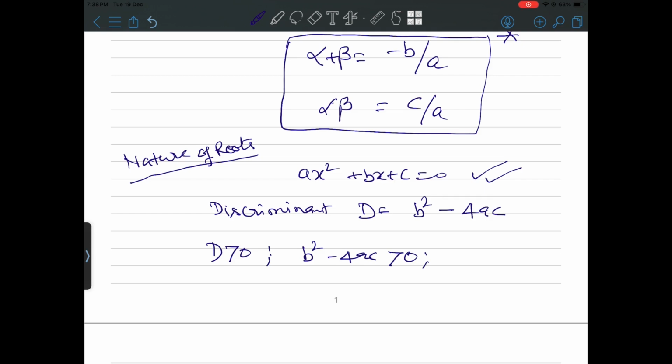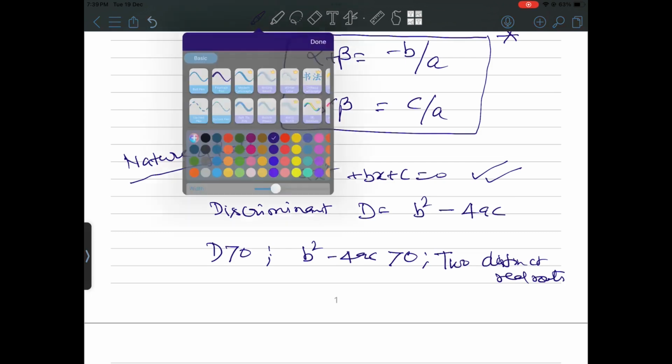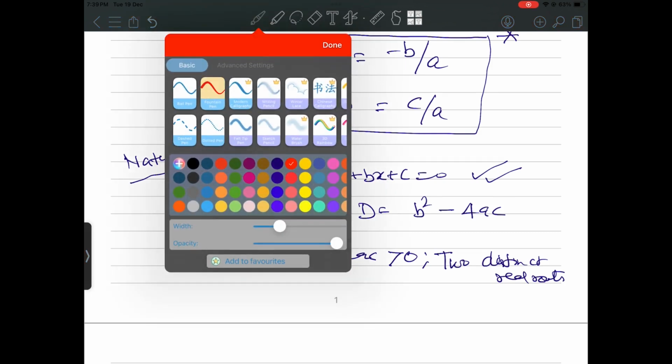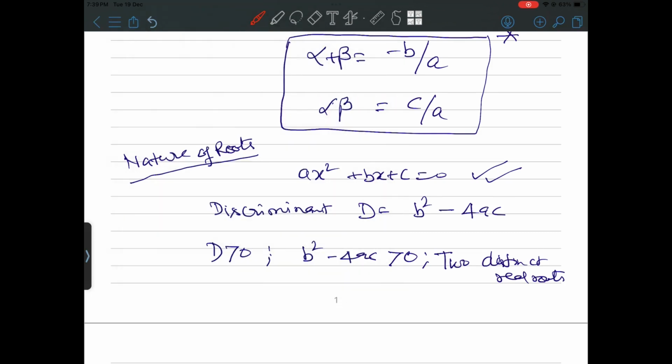it means that this equation will have two distinct, meaning different, real roots, right? Real roots. The point to be noted, which is very important to understand, is the term distinct.